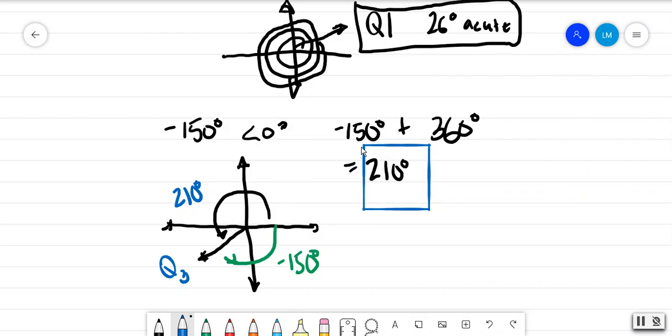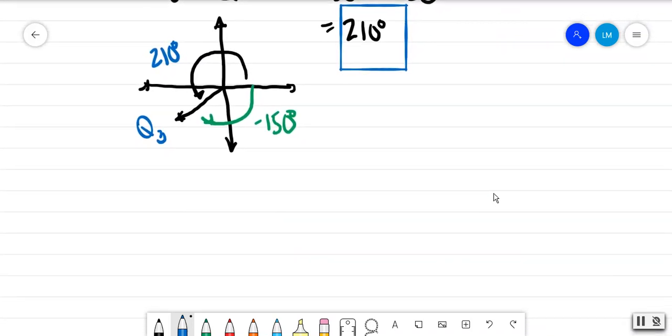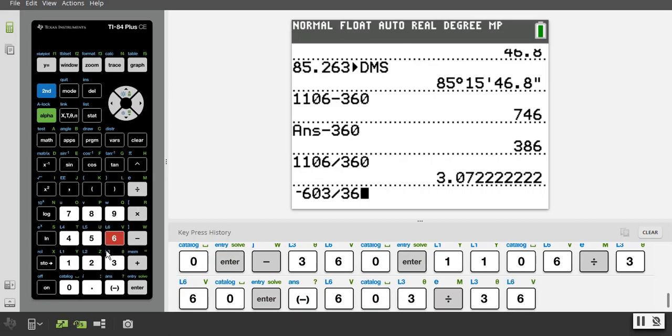Now, you can see that you just need to add 360 one time. So if you do that shortcut, you just need to round up as opposed to down. For example, if we look at negative 603, you just need to take that divided by 360.